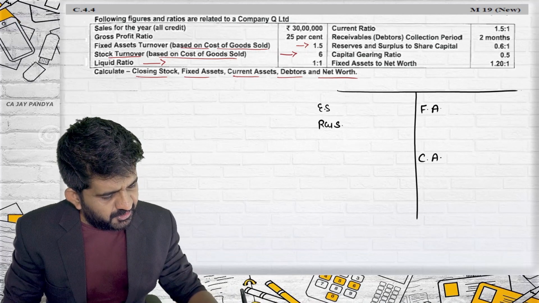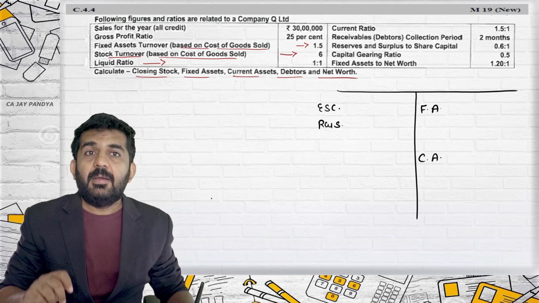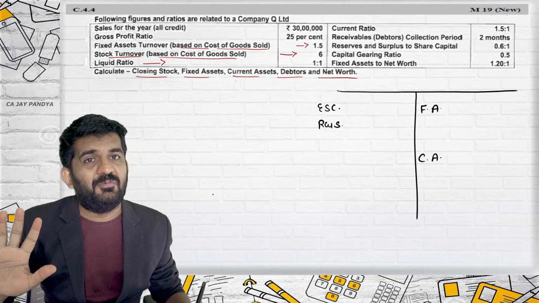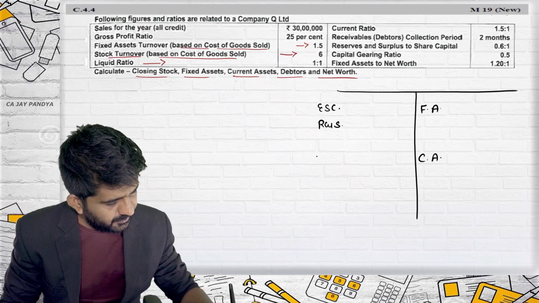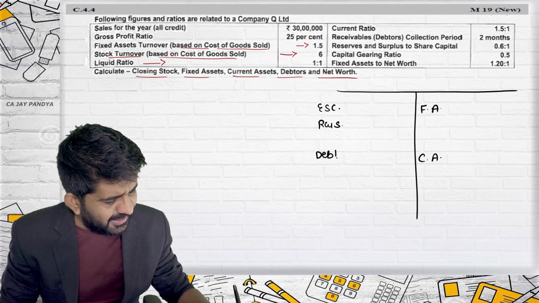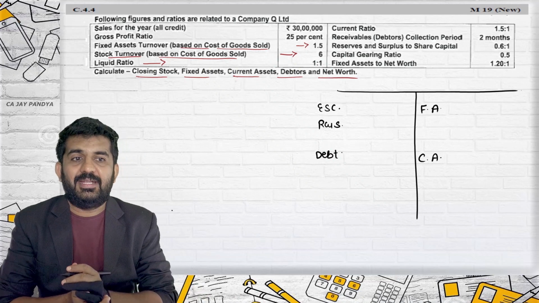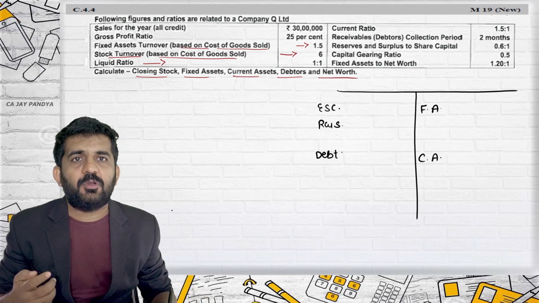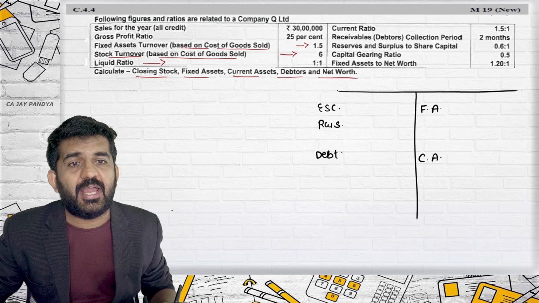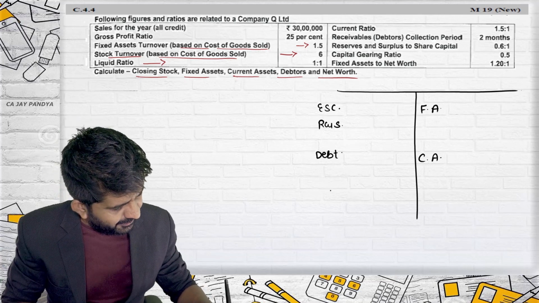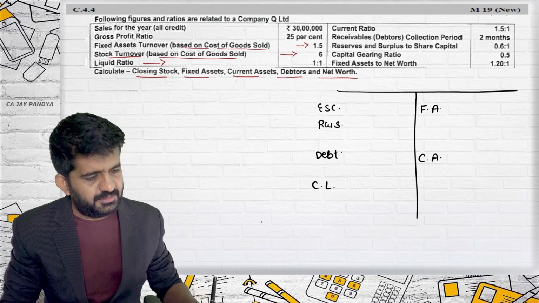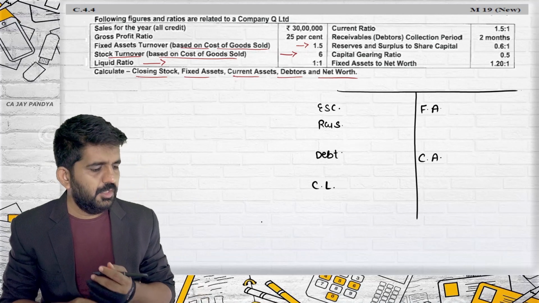There will always be equity share capital. Preference share capital, we will try to find out the answer. There may be debt, there may not be debt. Alright. If the information is sufficient to find out debt, I'll be finding out debt. And there will be current liabilities. Alright.